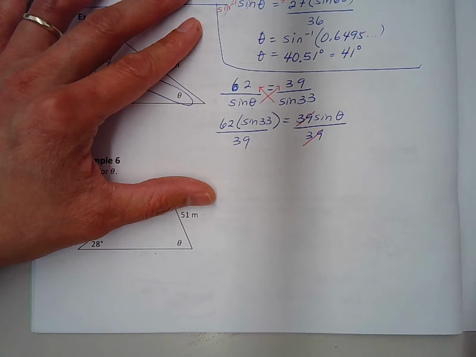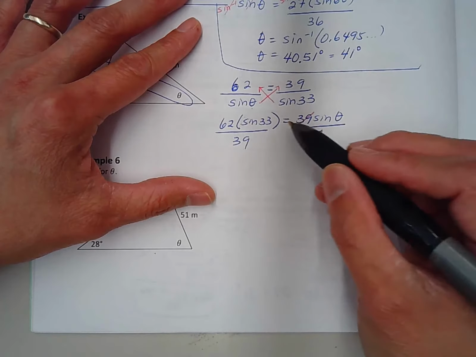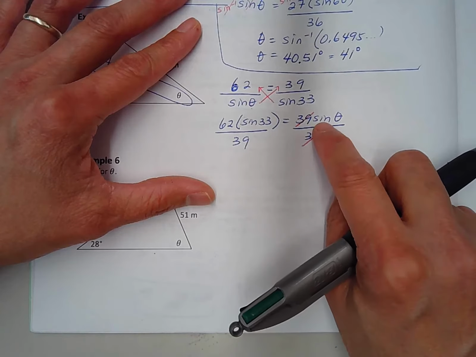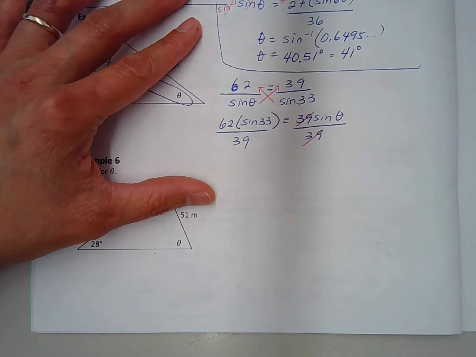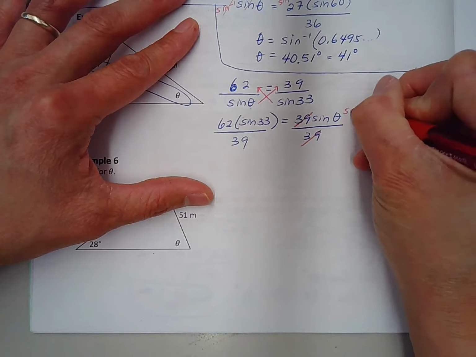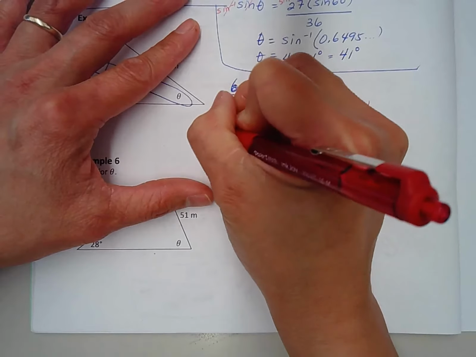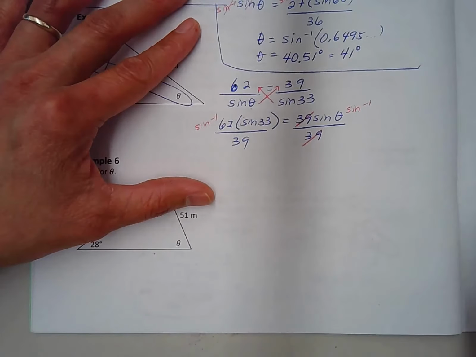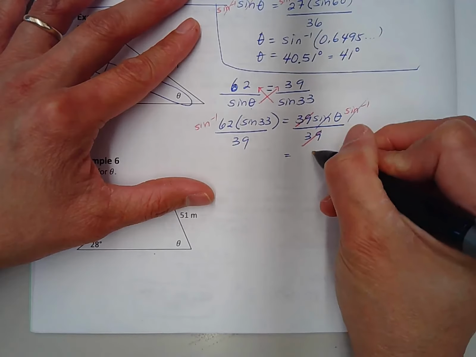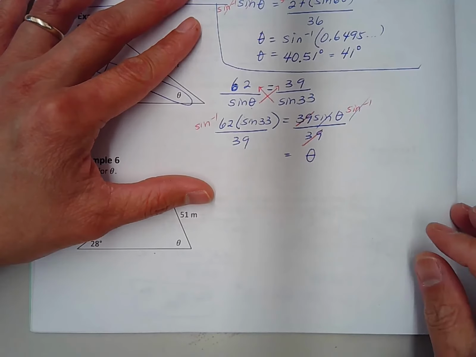Then we have to take the sine inverse to cancel the sine, on both sides. The sine and sine inverse cancel each other out, and we've got the theta alone.